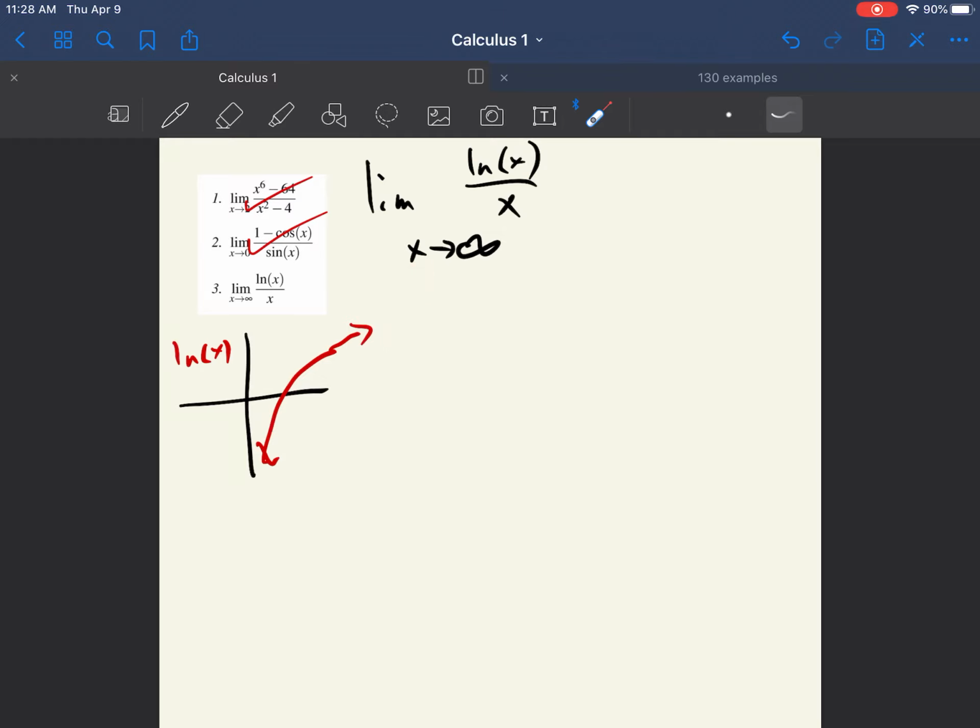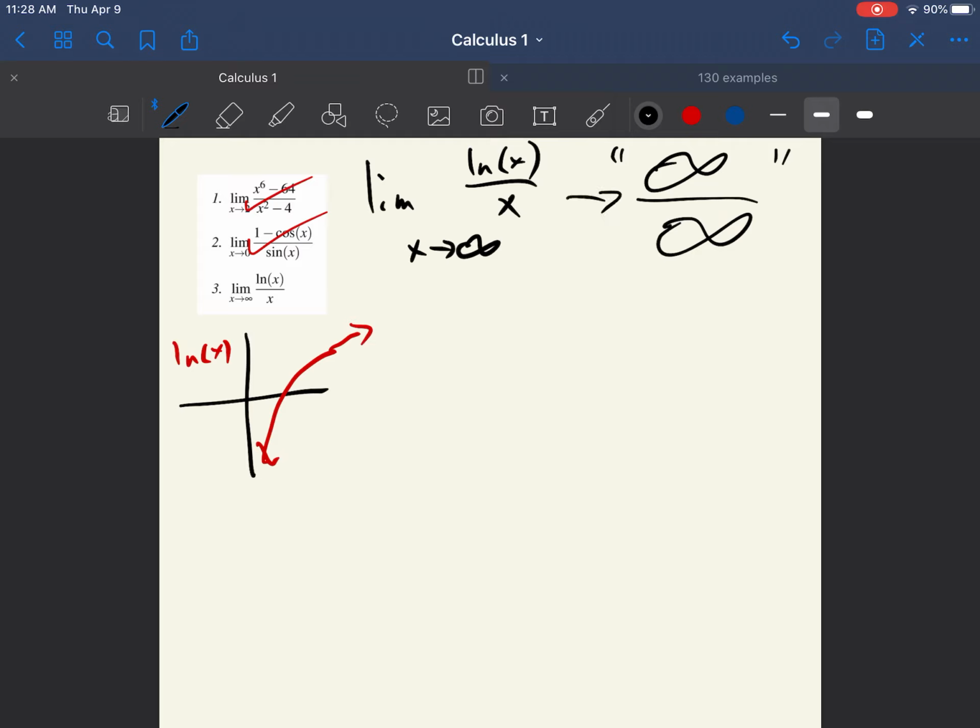So the limit as x goes to infinity of ln of x is actually infinity, right? It does keep getting bigger and bigger, okay? And of course, the limit as x goes to infinity of x is infinity, right? So where is x going as x goes to infinity? Well, it's going to infinity. Okay, so this gives me infinity over infinity, and this is one of those indeterminate forms, right?